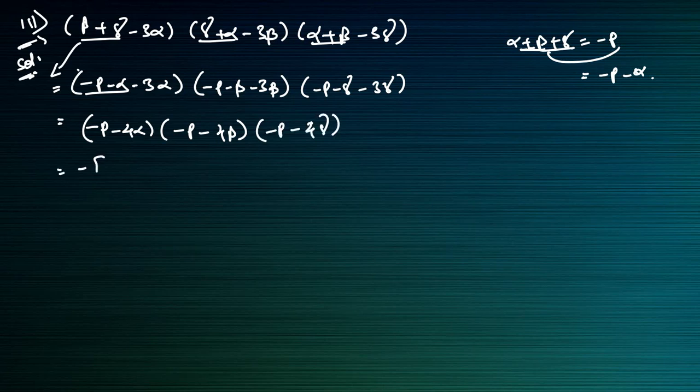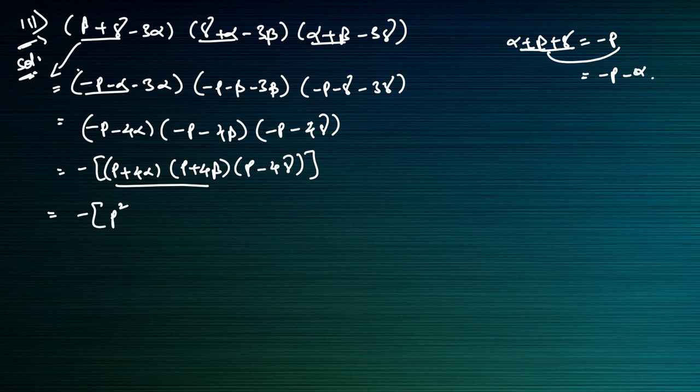So I will take minus common, and it will become p plus 4 alpha into p plus 4 beta into p plus 4 gamma. We multiply these two terms: p square, p into 4 beta is 4p beta, 4p alpha, and 4 into 4 is 16 alpha beta.